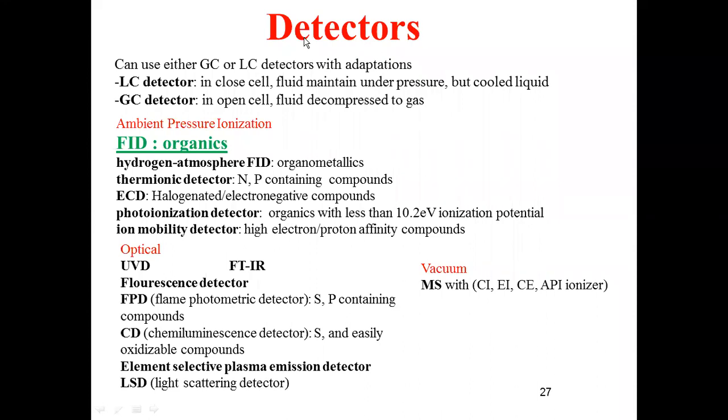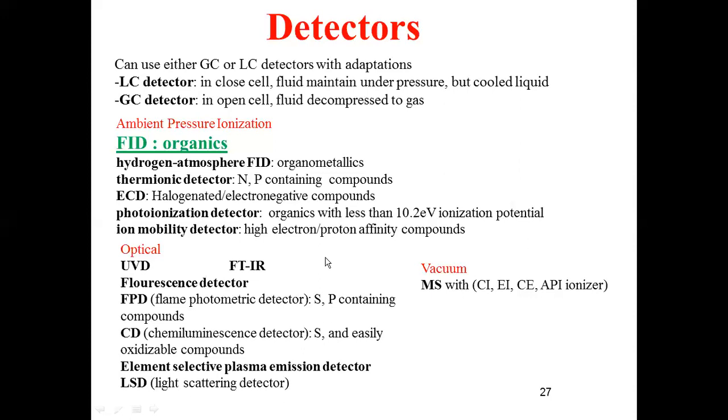And even the photoionization detector can also be used for the separation of organics which have 10.2 electron volts of ionization potential. All these things are basics, the ionization potential and everything with respect to organics. And even the ion mobility detector, which will respond with respect to the mobility of the ions, and in such a way the detector is devised.